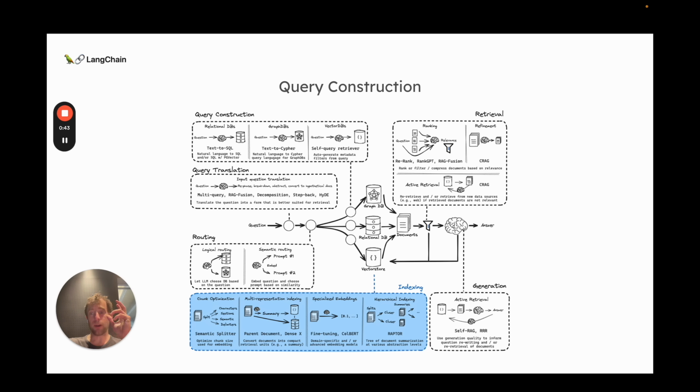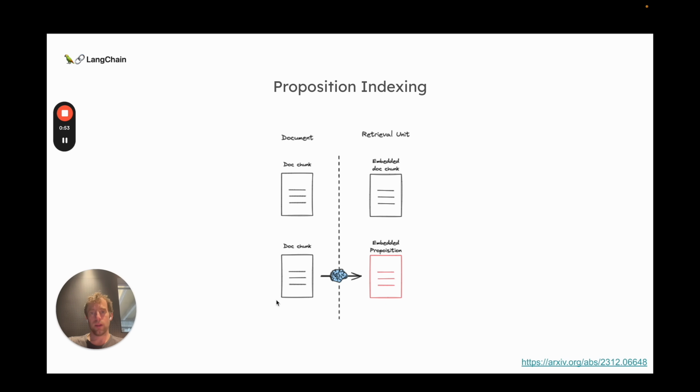In particular, we're going to talk about indexing techniques for vector stores. I want to highlight one particular method today called multi-representation indexing. The high-level idea is derived a bit from a paper called proposition indexing, which makes a simple observation: you can think about decoupling raw documents and the units you use for retrieval.